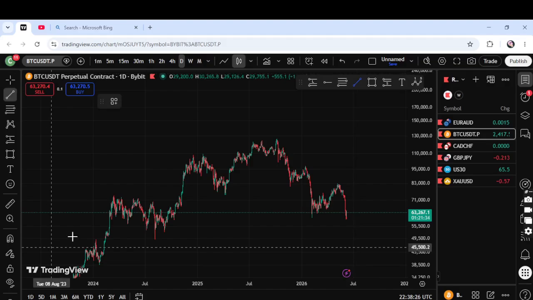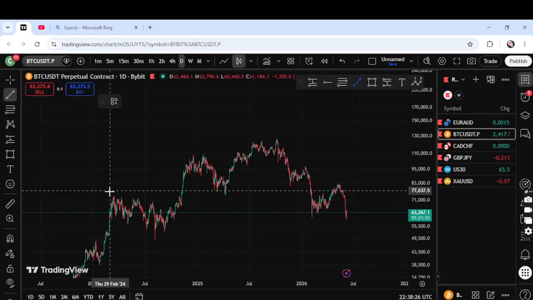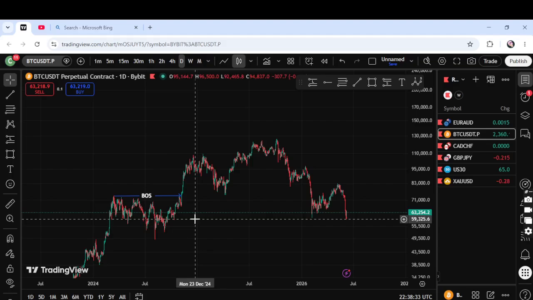Yes, a big structure here. BTC. So we have a support level here.